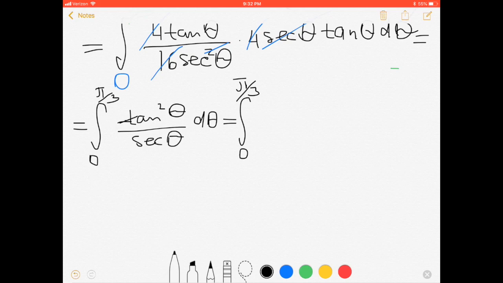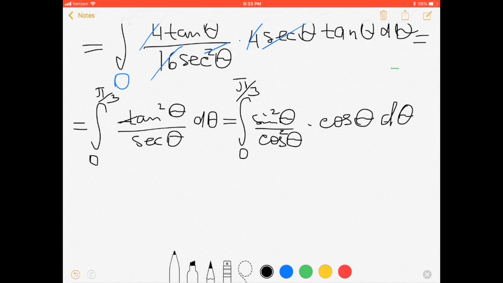I remember that tangent is sine theta over cosine theta. But because it's squared, this means square here and square there. What is secant? It's 1 over cosine. Divide by 1 over cosine means multiplied by cosine. Okay, d theta. Now I simplify a little bit. This cosine and this cancel. And I have the integral of sine square over cosine. Okay.